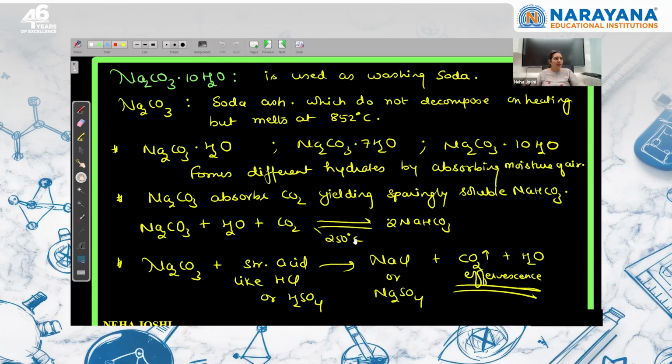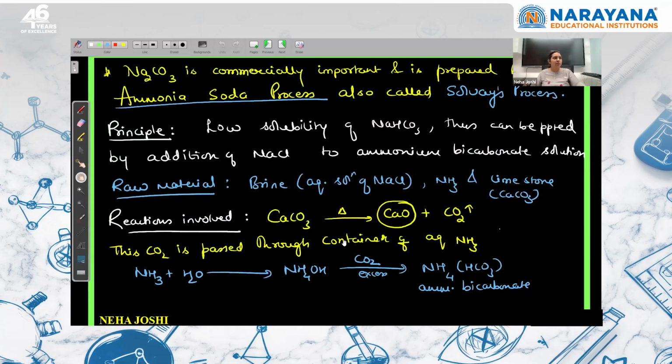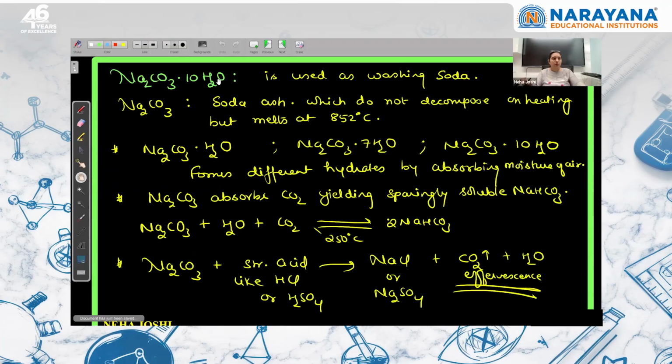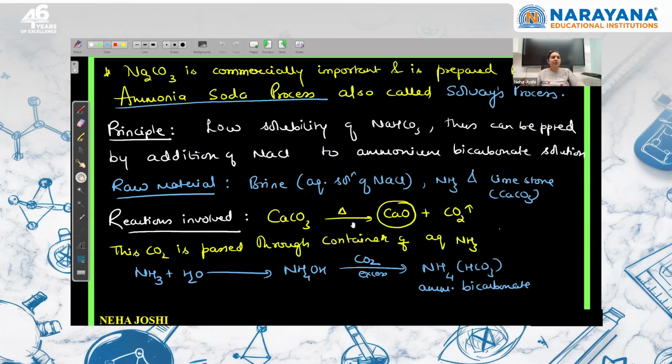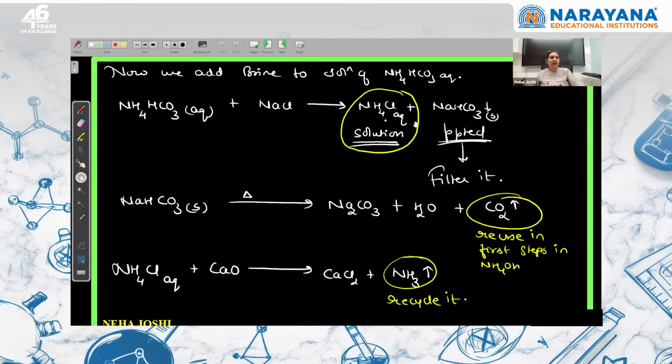Same point, if we had continued the class, I would have repeated that the Solvay process is the method of preparation of washing soda, Na2CO3.10H2O. This is also based on the fact that NaHCO3 can be obtained as a precipitate on NaCl addition.